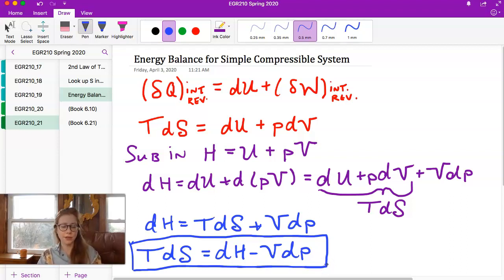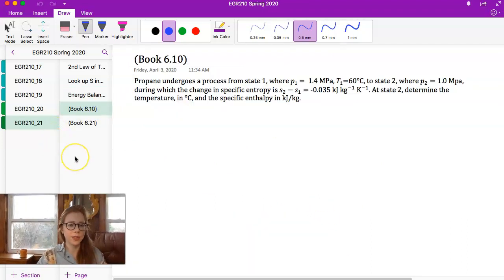So let's have some practice. To do so, we're going to move on to chapter 6 in your text, and let's look at number 10. Propane undergoes a process from state 1, where the initial pressure is 1.4 megapascals, and I'm going to start jotting down the givens below.